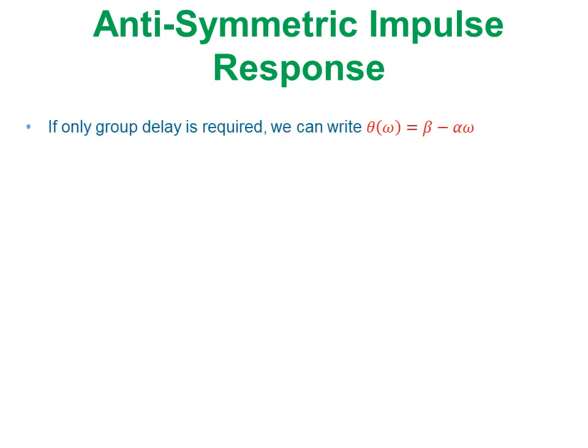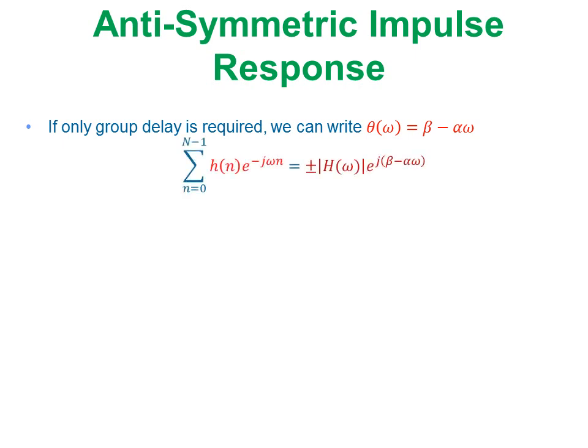If it is a requirement of the system that you want to consider only the group delay rather than the phase delay, then one can have this linear phase relationship, that is theta of omega equal to beta minus alpha omega, where beta is assumed to be pi by 2.